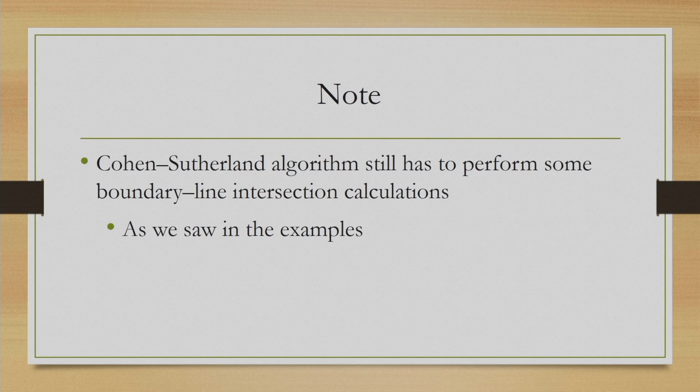So, some amount of intersection calculation still remains, but it reduces the calculation to a great extent, which is beneficial to render complex scenes faster, but as I said, it still retains some intersection calculations.